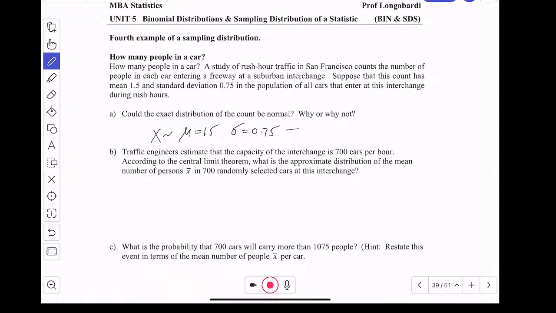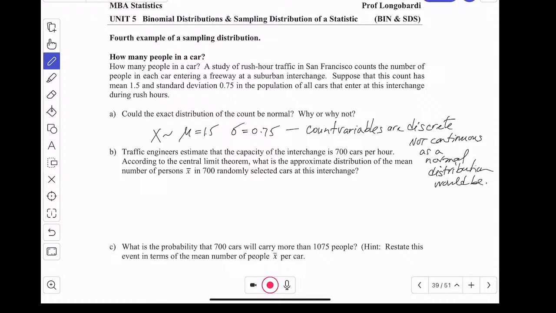Well, count variables are discrete. They're not continuous like a normal distribution. So that's the answer there.